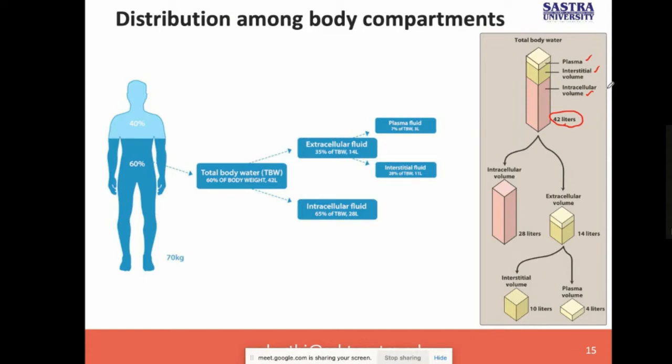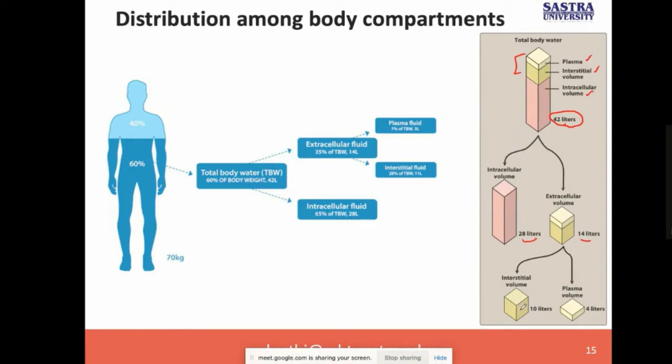If you sum all, it comes to 42 liters for a 70 kg man. The intracellular compartment accounts for 28 liters of water, and the extracellular volume, which includes the plasma and the interstitial, accounts for 14 liters. Again, in this 14 liters we have two compartments.